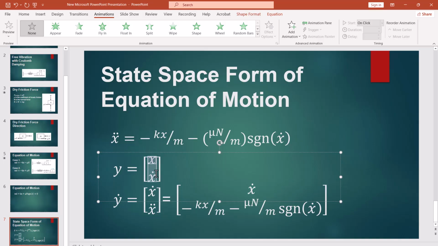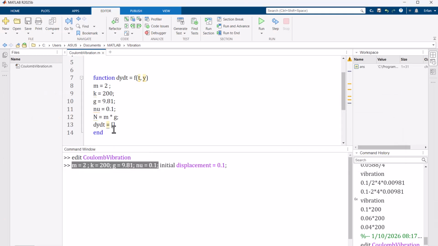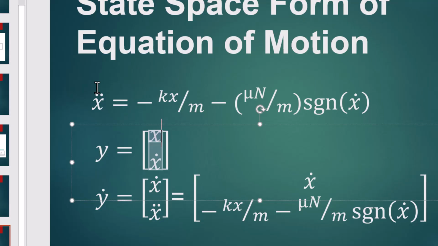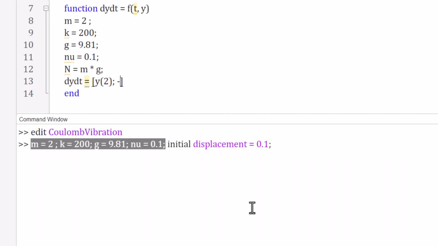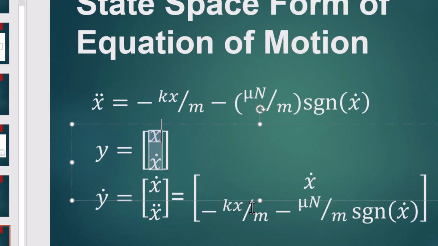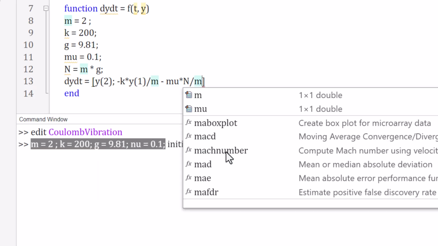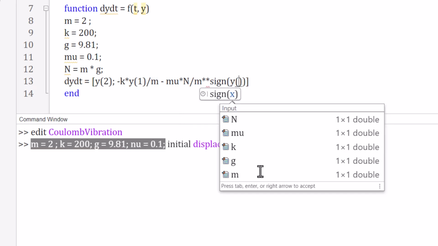So these are the first and second elements of y. So dydt is going to be equal to y2 and negative k times x over m. Again, instead of x, I have to write y1, over m, minus mu times N over m times sign of y2.